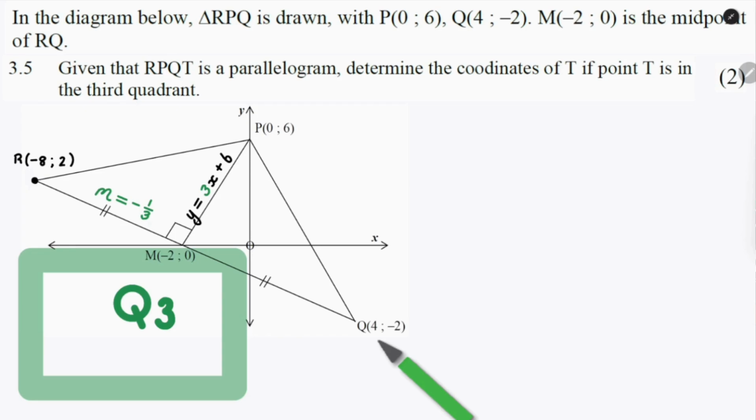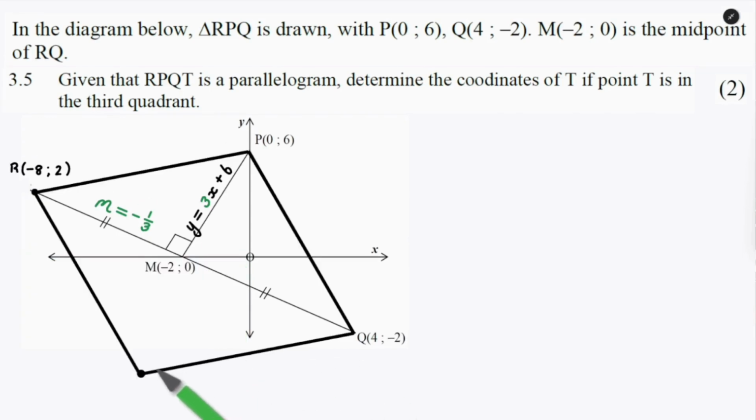So the fourth point of our parallelogram will lie somewhere in quadrant 3 for this question, as they told us here. So it's going to be somewhere down there, and the parallelogram will look something to this effect. And the coordinates of T will lie somewhere down here.